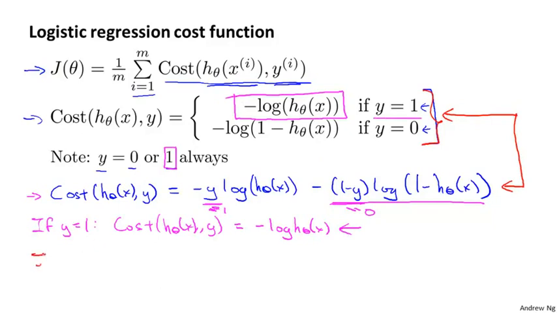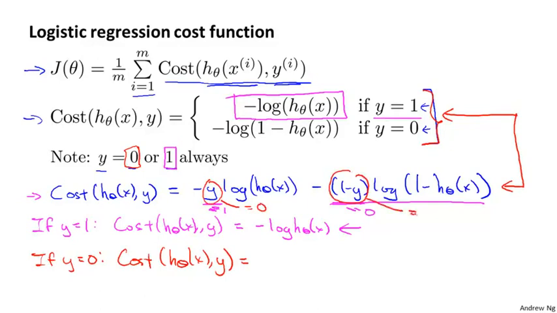The other case is if y is equal to 0. Then the first term would be equal to 0, whereas 1 minus y becomes 1 minus 0, which is just equal to 1. And so the cost function simplifies to just this last term, because the first term gets multiplied by 0 and disappears.